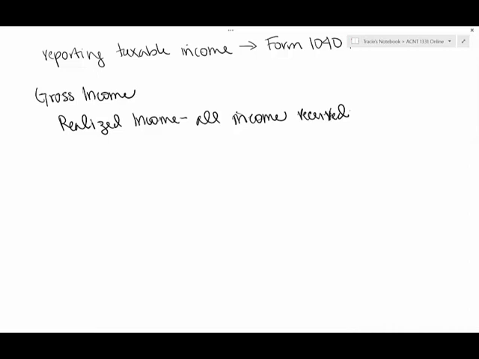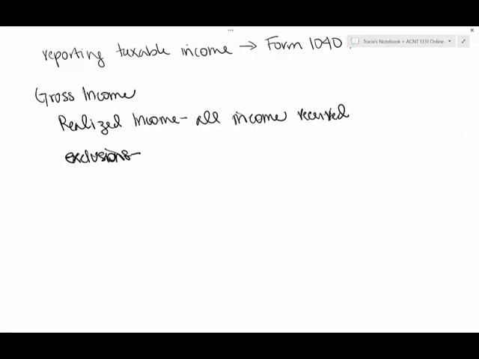All income is realized income. Now, some income is considered to be excluded from the tax law, and the income that is considered to be excluded from the tax law is called exclusions.